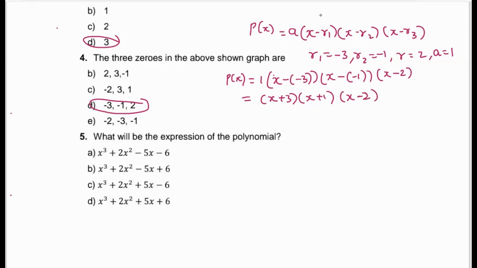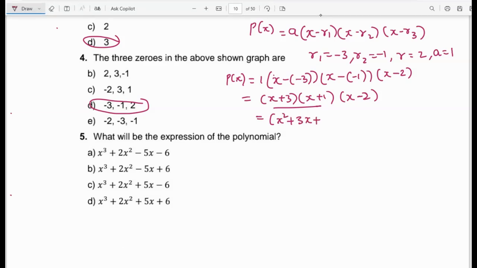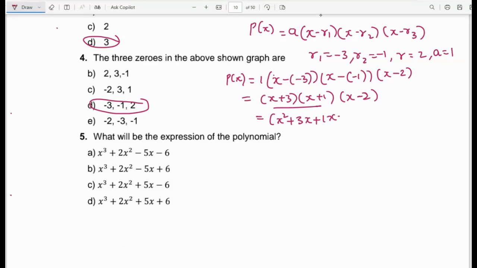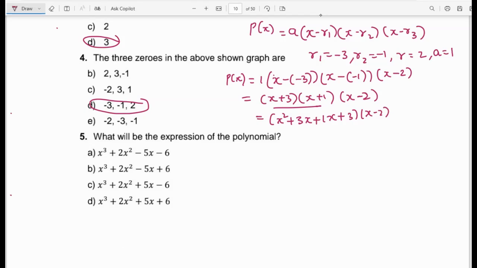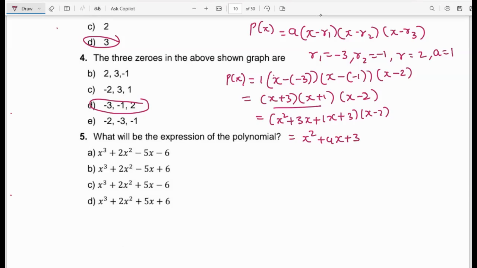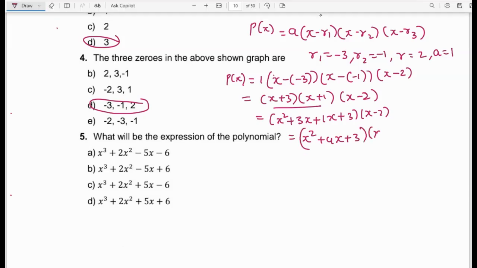Expanding the first two, we get x into x, x square, plus 3x, then plus 1x, plus 3 ones are 3. Then it is x minus 2. So it is x square plus 4x plus 3 into x minus 2.